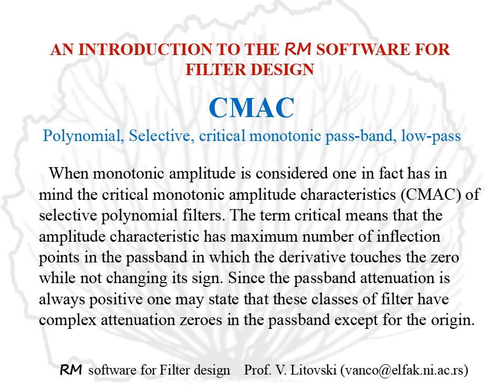The term critical means that the amplitude characteristic has the maximum number of inflection points in the passband in which the derivative touches zero while not changing its sign. Since the passband attenuation is always positive, one may state that this class of filters has complex attenuation zeros in the passband except for the origin.